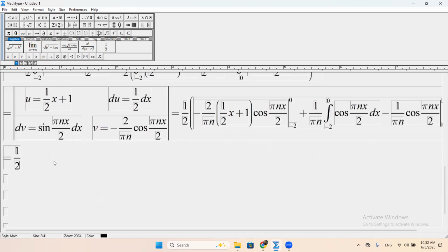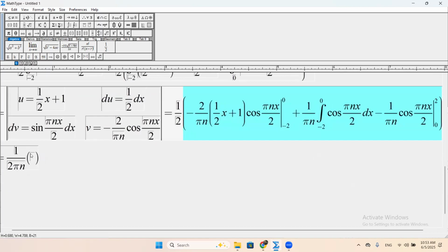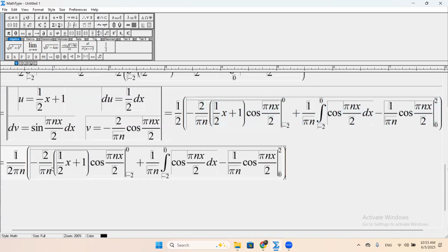So 1 over 2. If I substitute 0, I will have... And by the way, I can move pn out of brackets, so let's do it first of all. So pn will be moved out of brackets and will look much simpler.